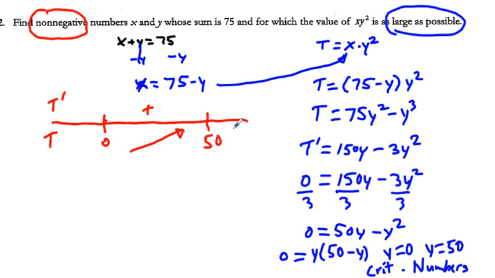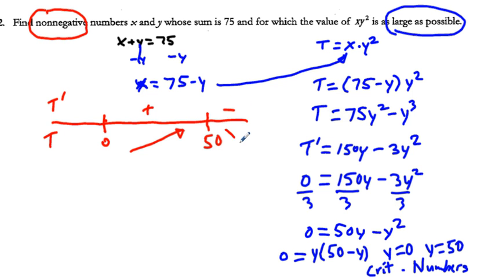And now to the right of 50, we'll pick 60, say. 50 times 60, well, that's going to be 3,000 minus 50 squared, which is 2,500. 3,000 minus 2,500, that's going to be negative.